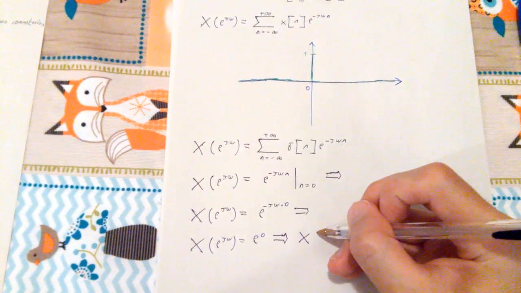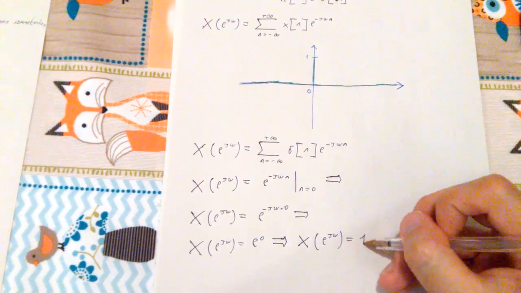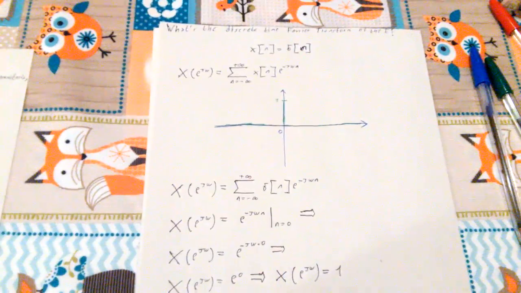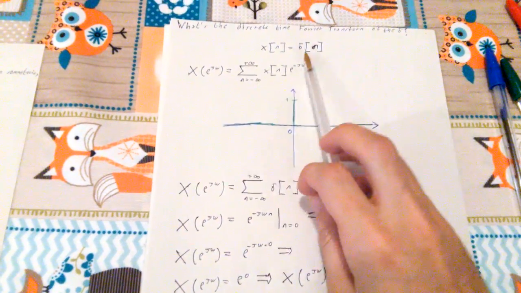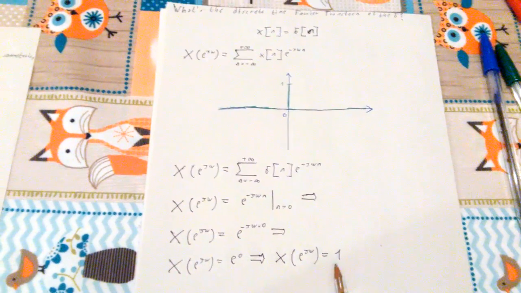So in this case, X of e to the j omega is 1. So the discrete time Fourier transform of the delta is 1 for this very reason.